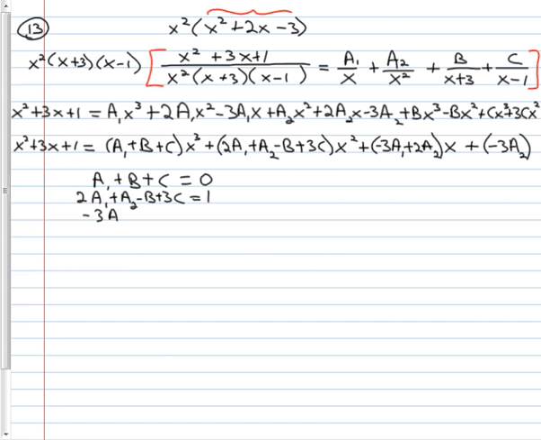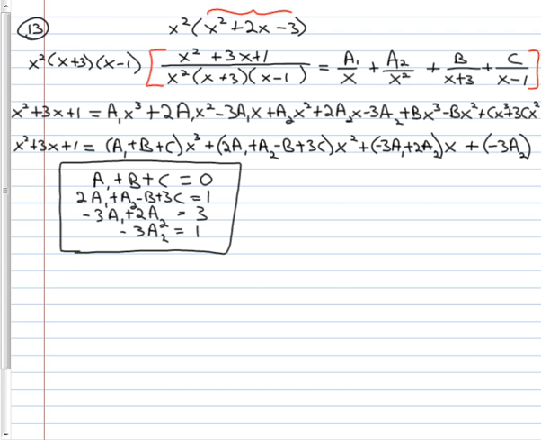Negative 3a sub 1 plus 2a sub 2 equals 3. Negative 3a sub 2 equals 1. They said that's all we need to go. Find the system of equations that arise. There they are. Man, we've gone so far, you hate to stop.